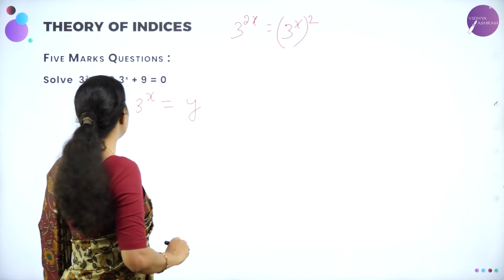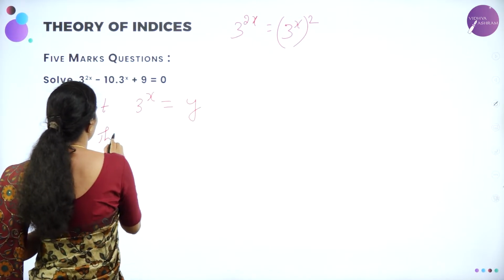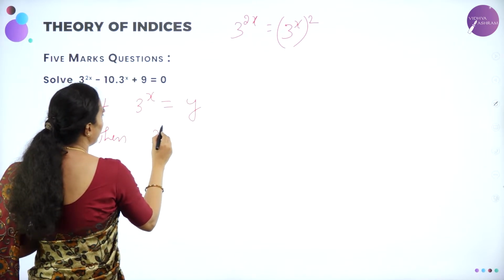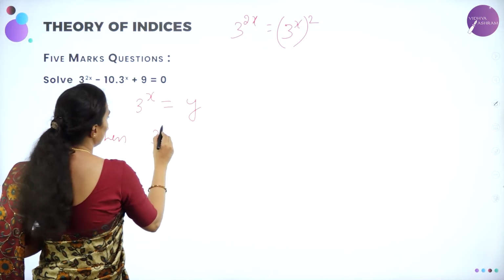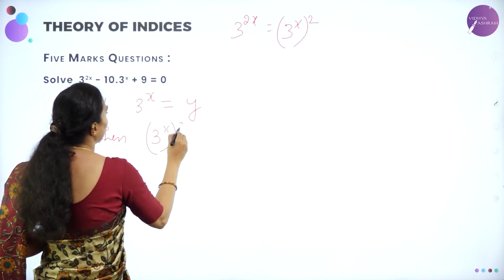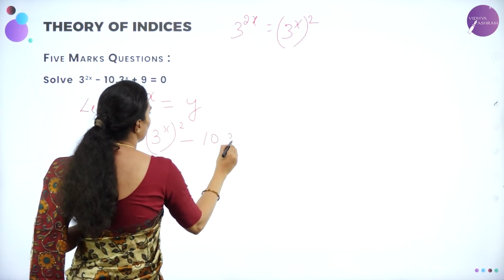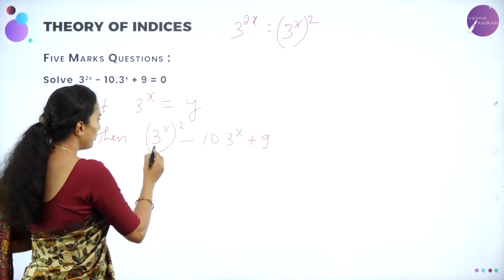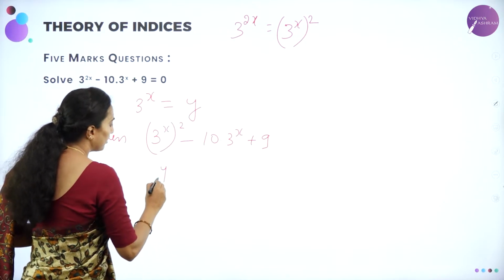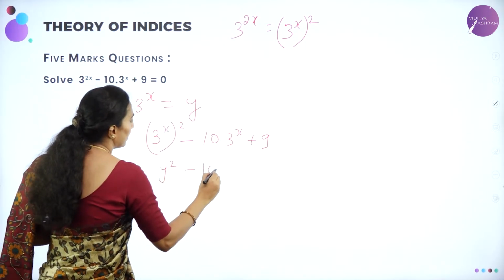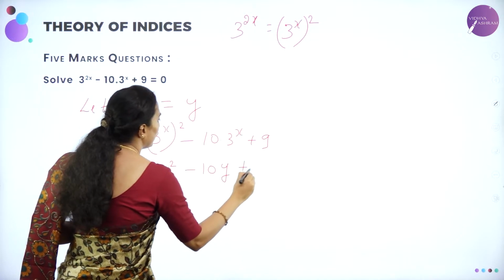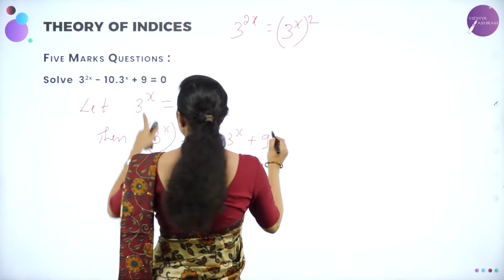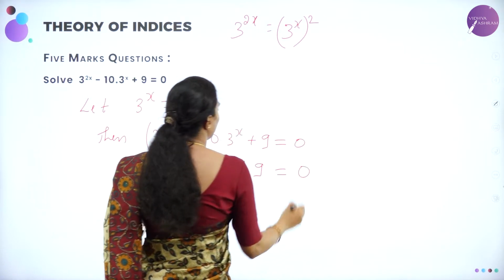What will the equation become? Then 3 power 2x I am going to write as 3 power x whole squared, minus 10 into 3 power x, plus 9. Which will be y squared minus 10 into y plus 9, equal to 0, right?